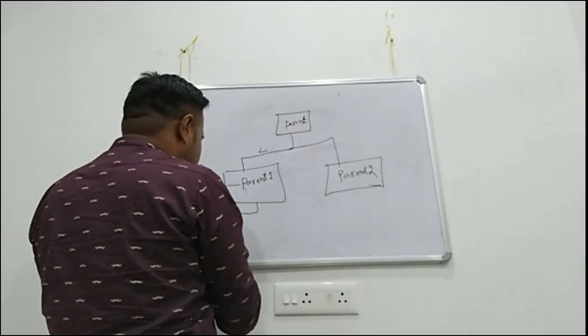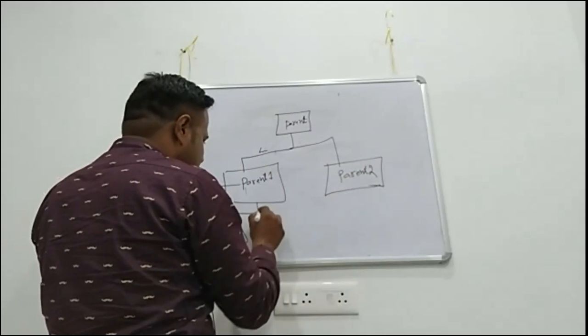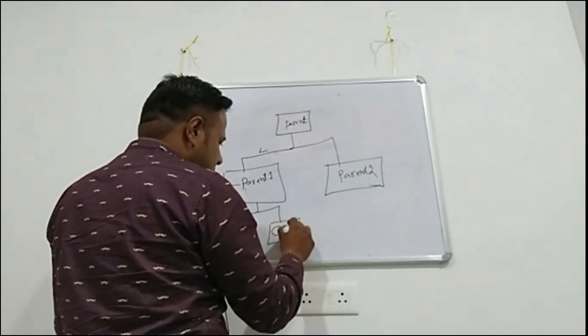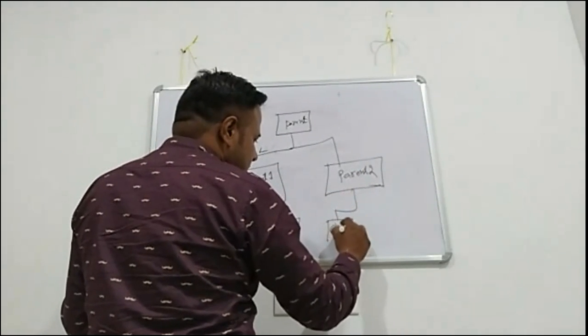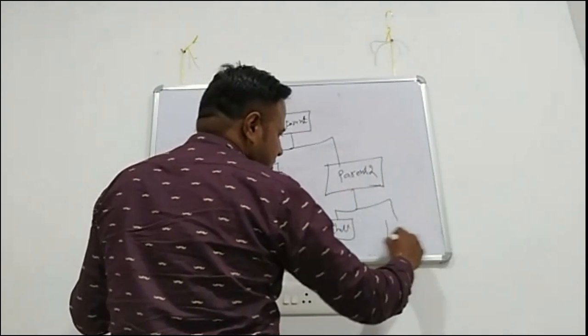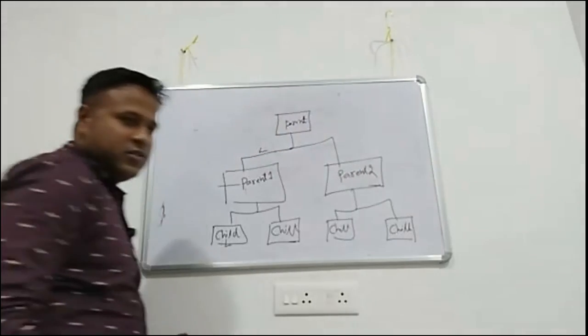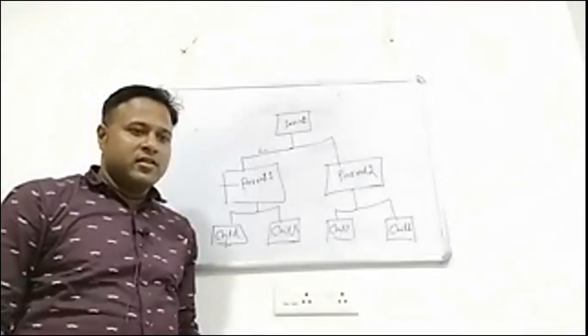Parent 2, then it contains a child class, then again another child, then here it contains a child. So it is called multi-level inheritance.